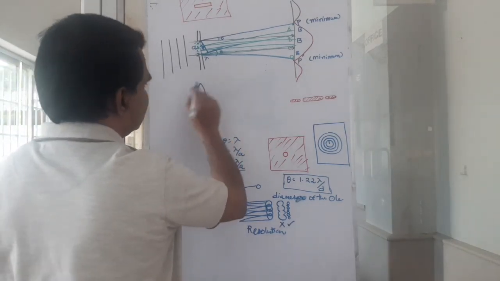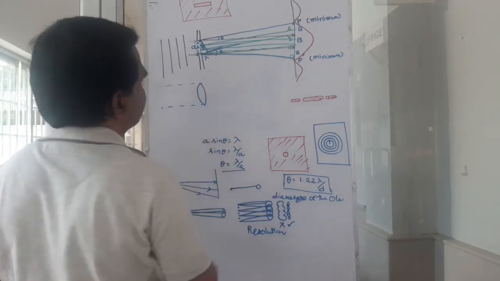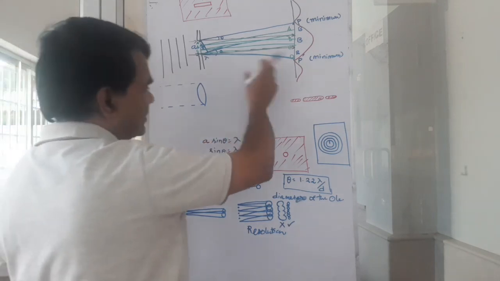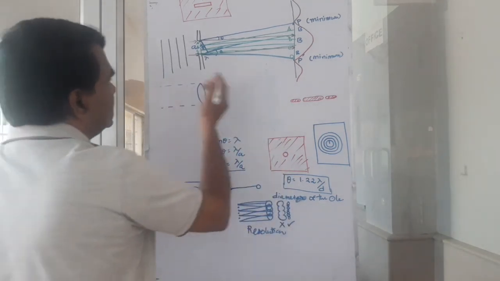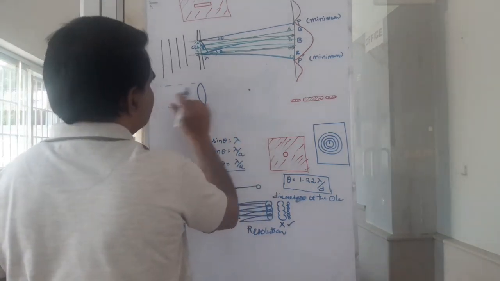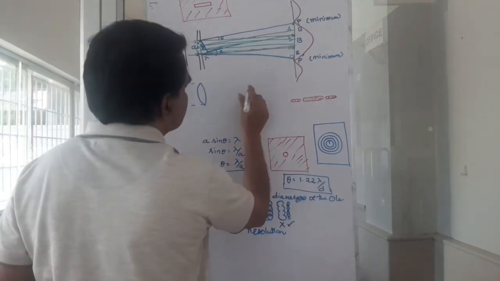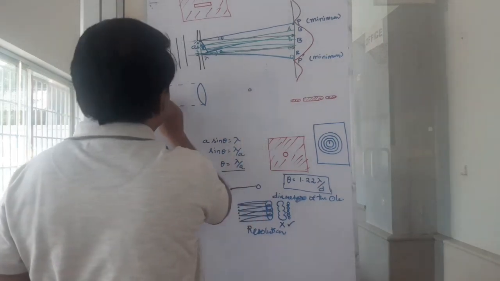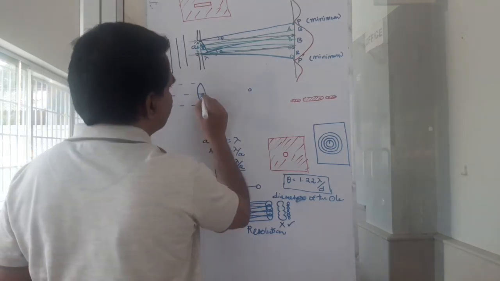The light will come here, and this is like the aperture, right? The lens is like this aperture, and on the other side it's going to form images, right? Suppose I take one point here, then that would become a circle. A point on this side would become a circle there, right? So let's say this is a point here, and that will become a circle there.